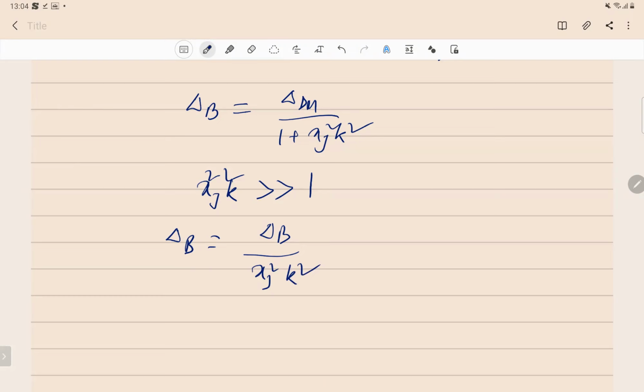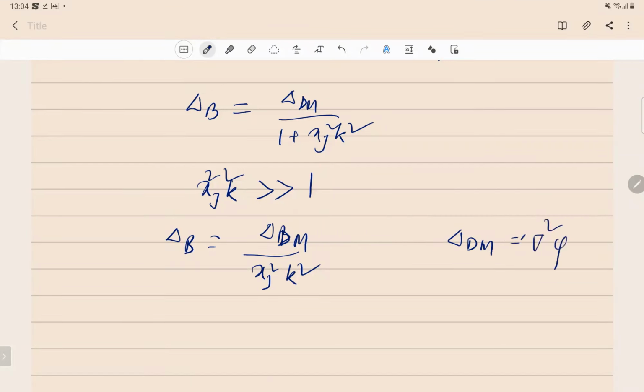So this dark matter, we know this is basically from the Poisson equation, this is basically del square phi.